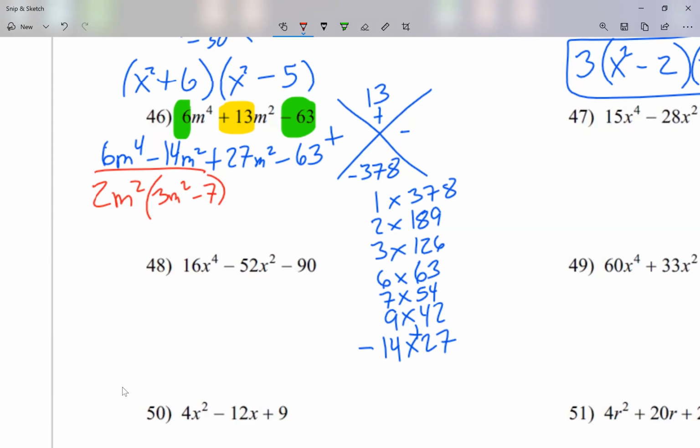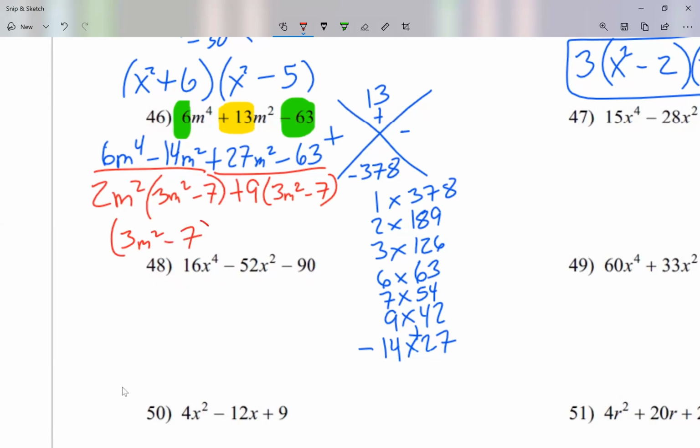Now, looking at the last 2 terms, 27 and 63, I can divide each by 9. And that's going to give me 3m squared minus 7. So my factors are going to be 3m squared minus 7 and 2m squared plus 9.